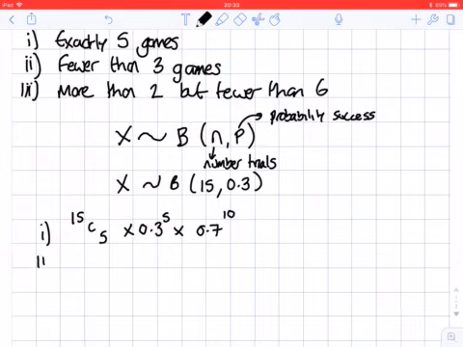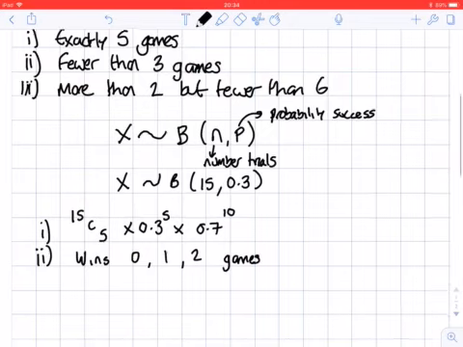Okay, so question 2. Fewer than 3 games. Now obviously fewer than 3, most people would say, well that's easy, that's 1 and 2. But you've got to remember, he may win no games. So this is the probability that Kirk wins 0, 1 or 2 games. Now this is slightly different because we've got ors coming in here.